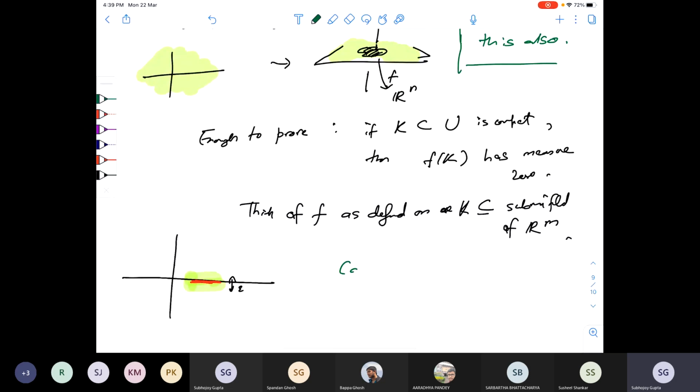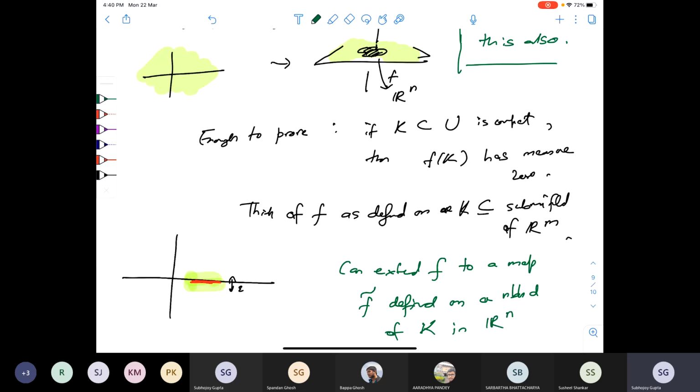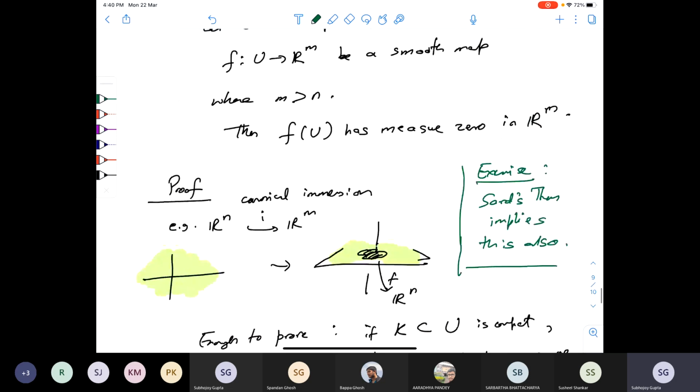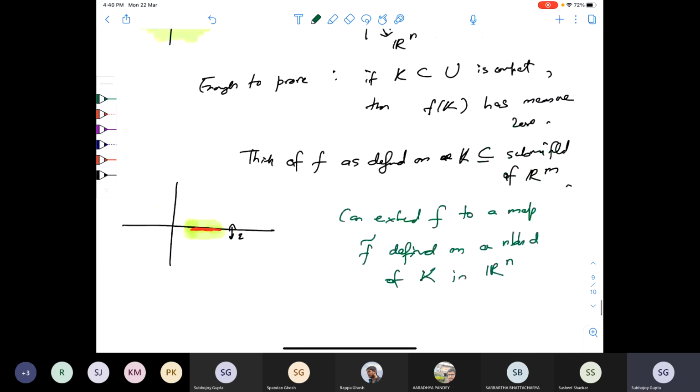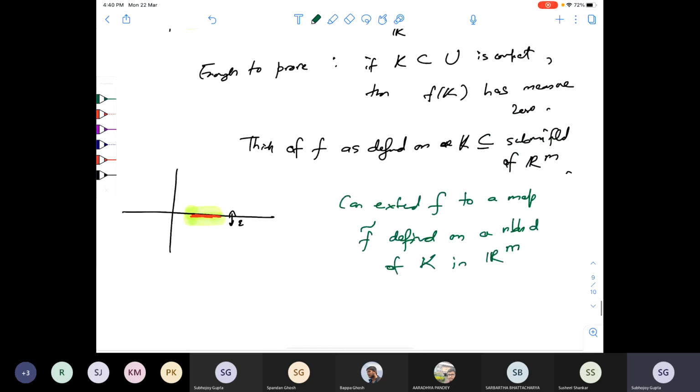So you can extend f to be defined on a neighborhood of K in Rm, the bigger space. Sorry, I should have said Rm here.